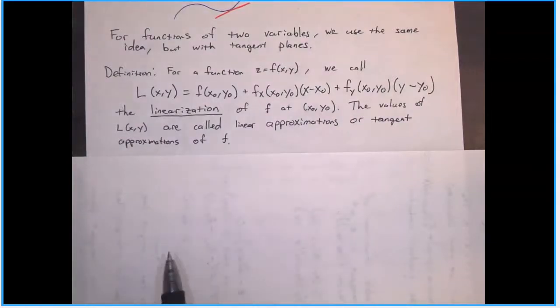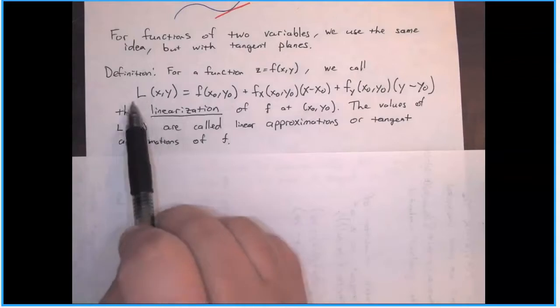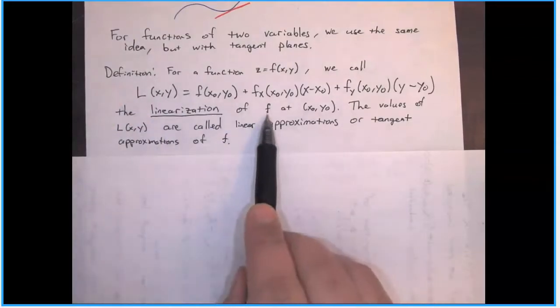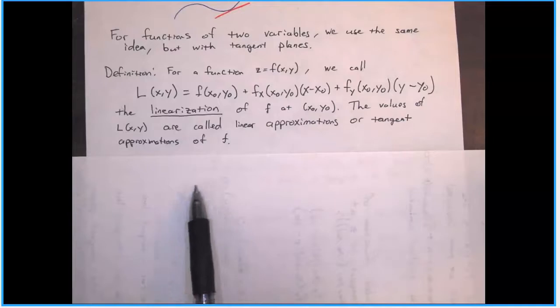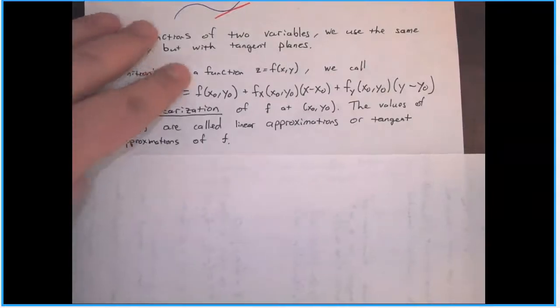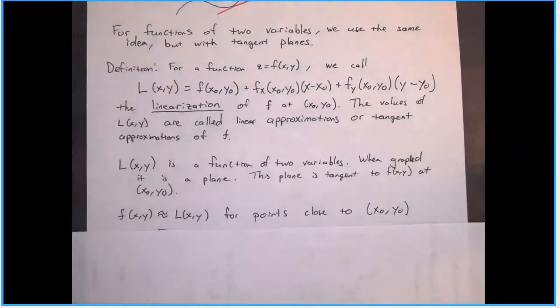In the previous context, we were thinking of the tangent plane as some geometric surface. Here we're thinking of this as a function of two variables that we can use to approximate this function f, right? So the value of this function L, they're called linear approximations or tangent approximations of f. L of x, y is a function of two variables.